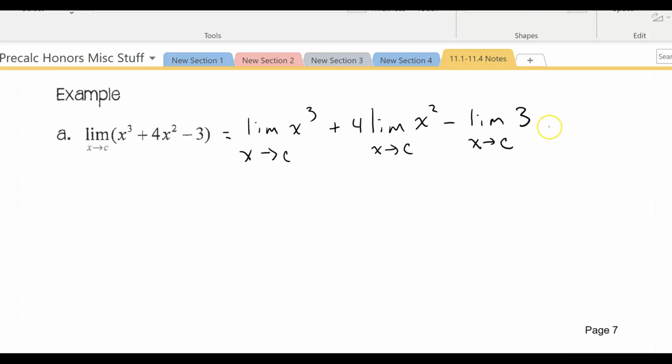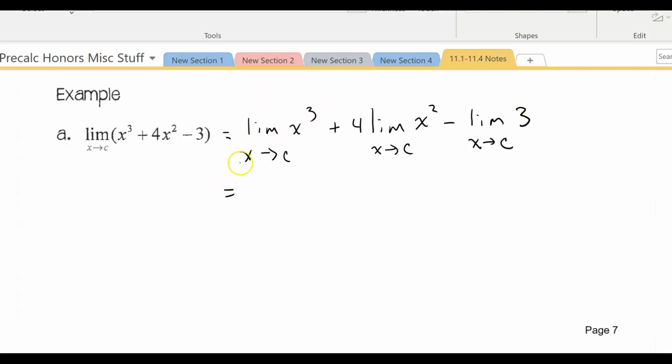So again, normally we don't do this, and you don't really need to know how to split this up. Once we have this split up into the different functions, this would be like our f of x, our g of x, this would be a constant. Then we can use our direct substitution.